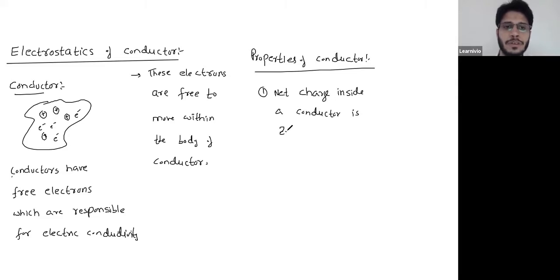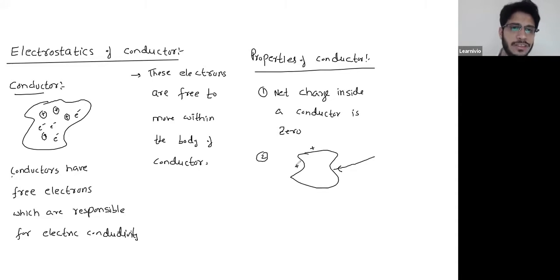Now, if I charge a conductor, I take a conductor and provide charge over this conductor. I'm providing some extra charge over the conductor. Then this charge will always reside only on the outer surface. If you try charging this conductor, then charge will reside only over the outer surface of conductor. There won't be any charge inside the conductor.